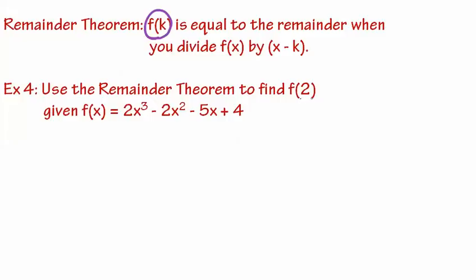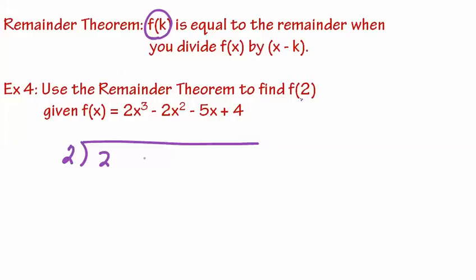Let's find f at 2 using synthetic division. And of course you can plug this into your calculator and check out what your answer should be. But let's quickly set it up with our remainder theorem. An important thing to remember here is that if we're finding the remainder, then we want to think of this as x minus a, a remainder when we put 2 here.